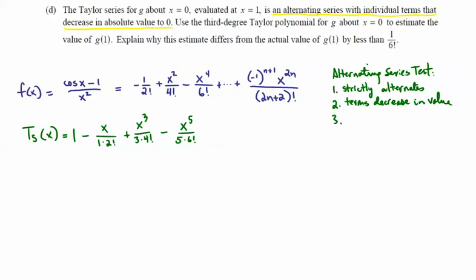And third, the limit as n approaches infinity of a sub n is 0, which means that it passes the nth term test. Now if that's true, then the series converges.